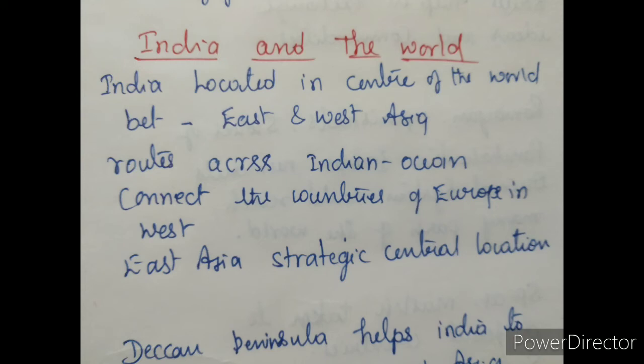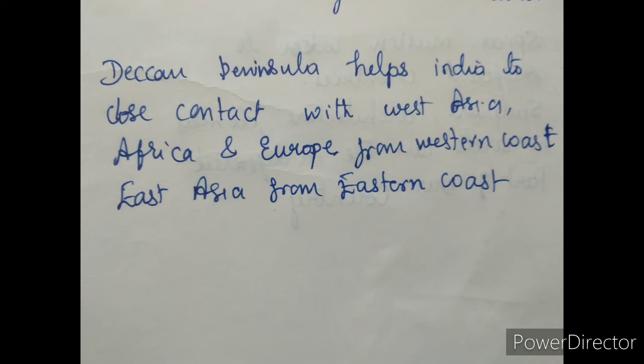They came for trade. We know that the British came for trade to our country. First they were attracted by our spices, muslin and indigo.